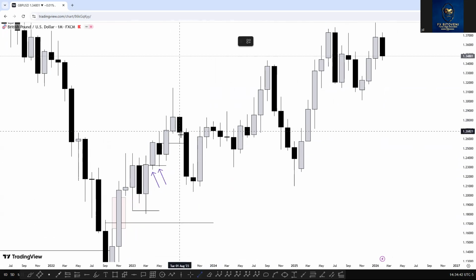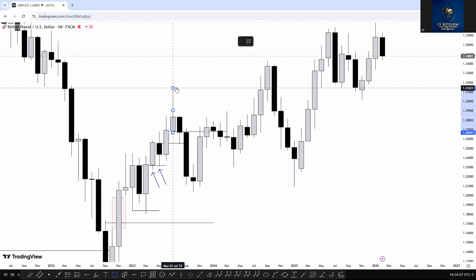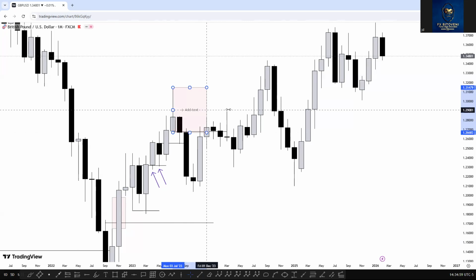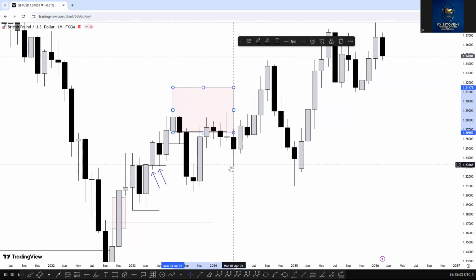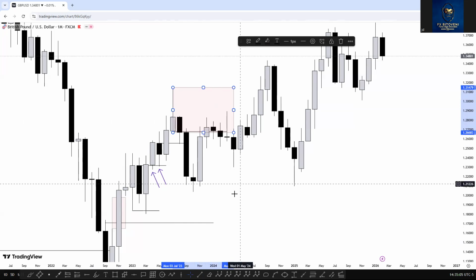Then you can easily see how after filling this imbalance, this candle was engulfed here. This makes it a bearish order block as your key level for these possible sell opportunities right here. It was being tested, then market was trying to go down.